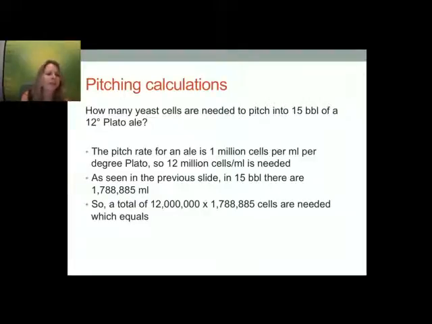So 12 million times 1,788,885 cells are needed. What does that equal? It equals 21 times 10 to the 12th cells total, or this very long number here.